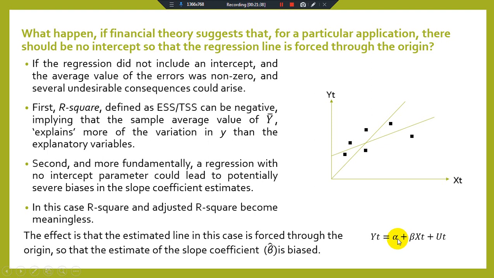You can write the intercept with the name beta or alpha, but if you include an intercept in your regression model, then this assumption will never be violated.